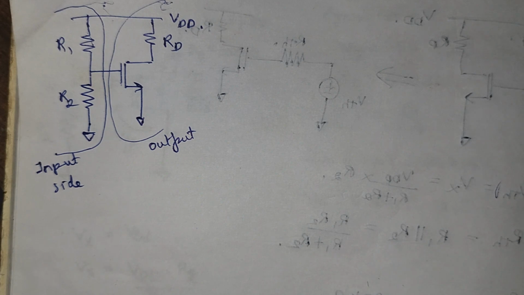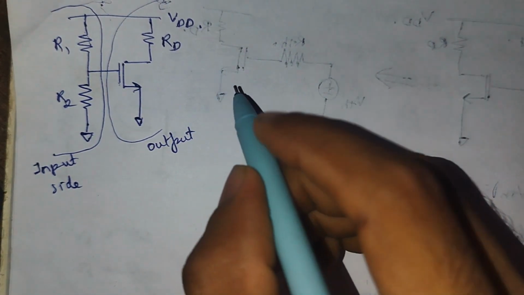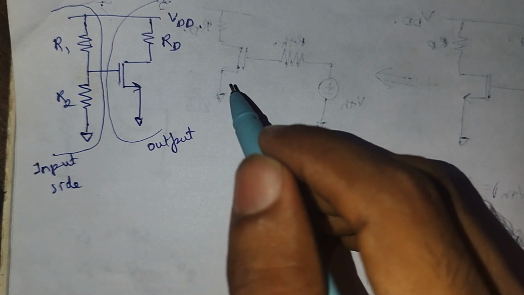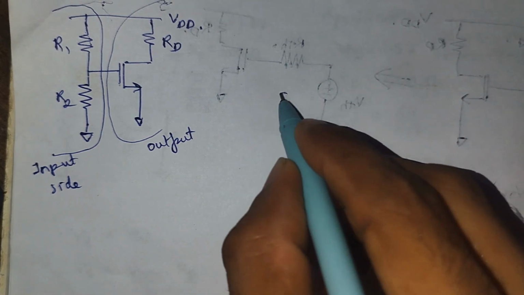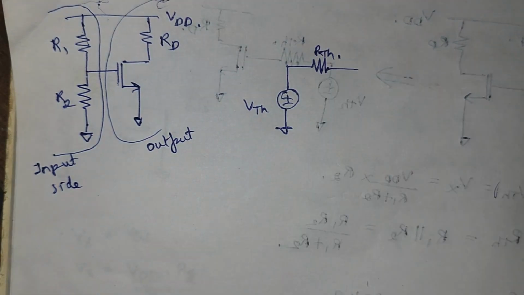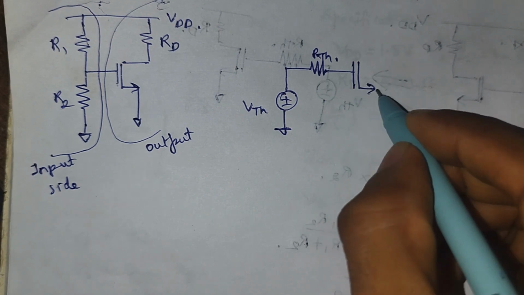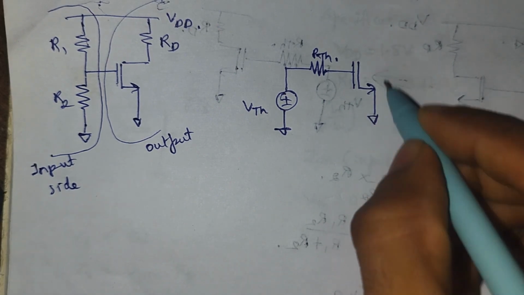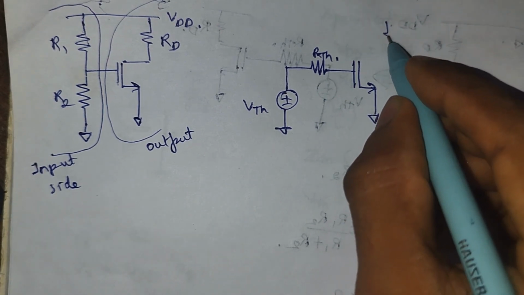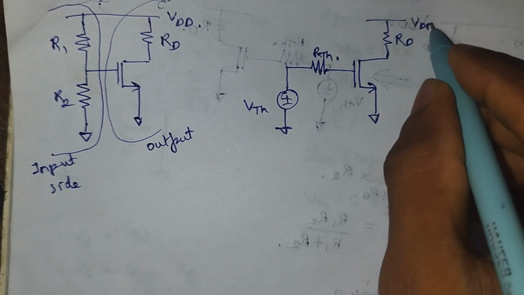Here we apply Thevenin's theorem to the input side. Then we can replace this input side configuration with a single voltage source Vth followed by a Thevenin's resistance Rth. The output side is still the same because we applied Thevenin's theorem only at the input side, so the output side is unaltered.